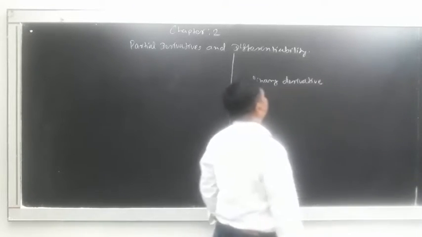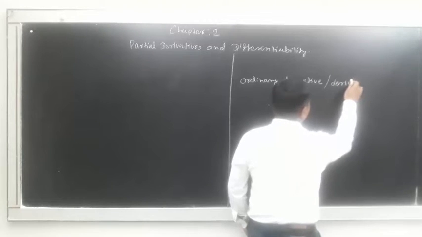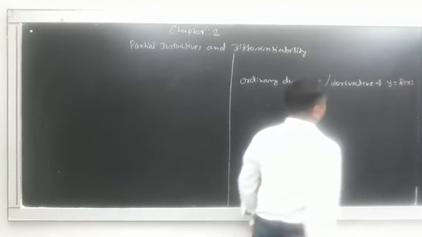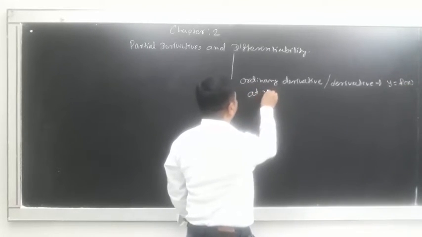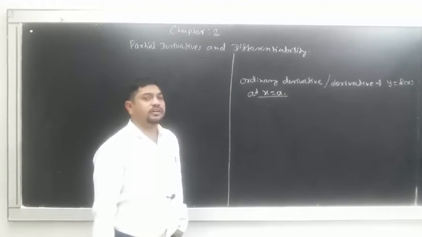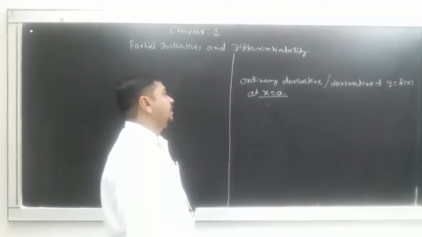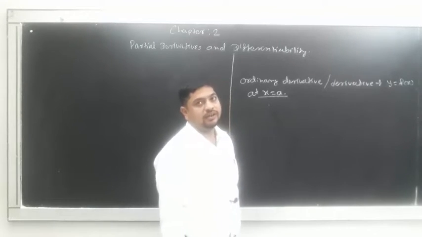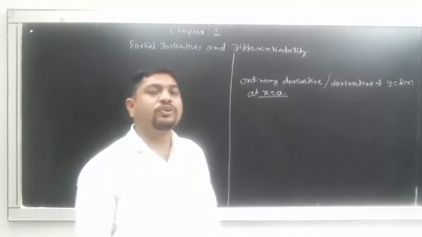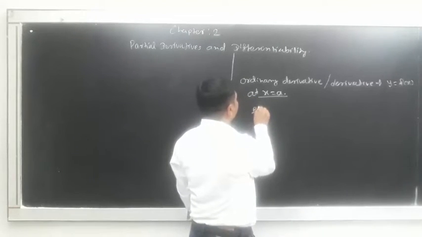We have to write the definition for the derivative of y is equal to f of x at x is equal to a. Try to remember, what is the definition?